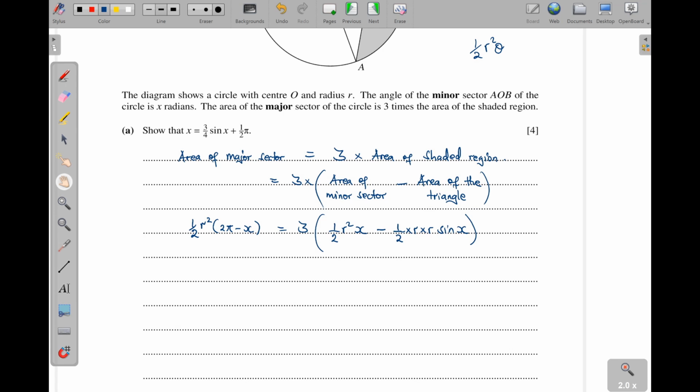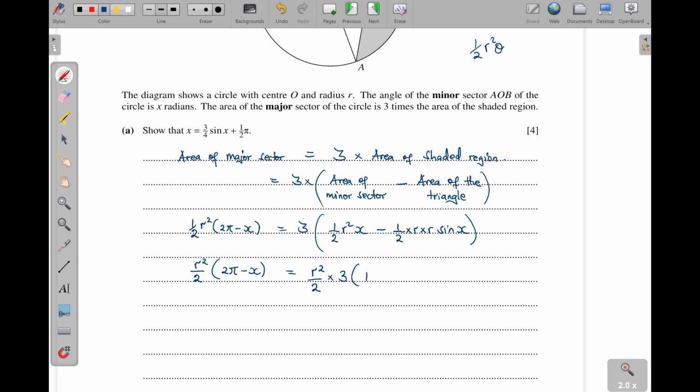Now from here you can see that I can actually pull out the a half. This is r squared over 2, then this is 2 pi minus x. When I pull out this r squared over 2 also here, I'll write it like this: r squared over 2. Then here we shall have times 3.